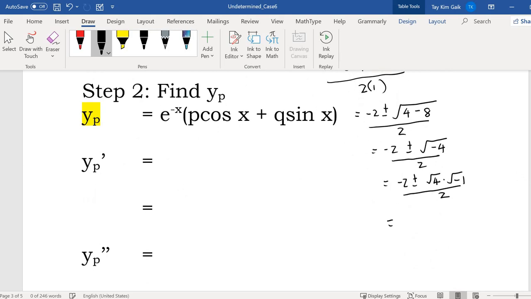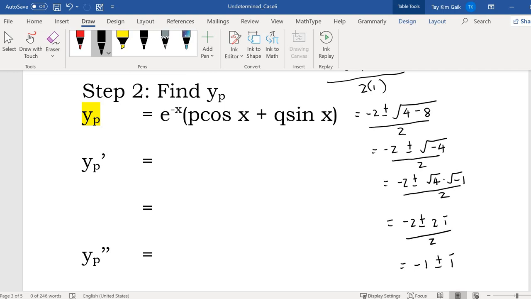Hence square root 4 is 2, and square root negative 1 is i, divided by 2. That's why you get negative 1 plus minus i.